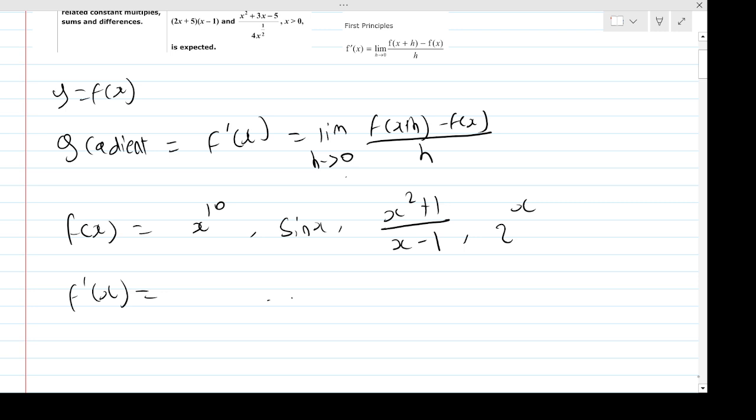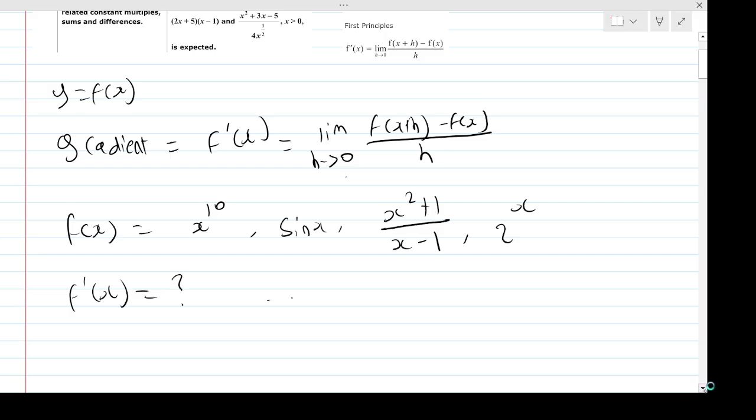This definition. But there are many types of functions, okay? It's very cumbersome, very difficult, very lengthy to have to use this formula every single time you find the gradient. So mathematicians found different ways, okay?